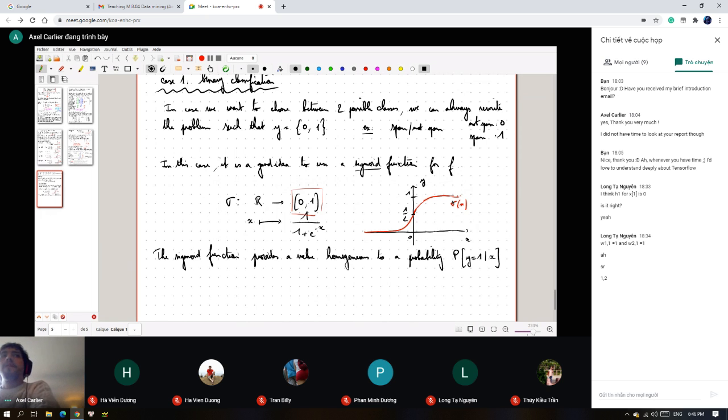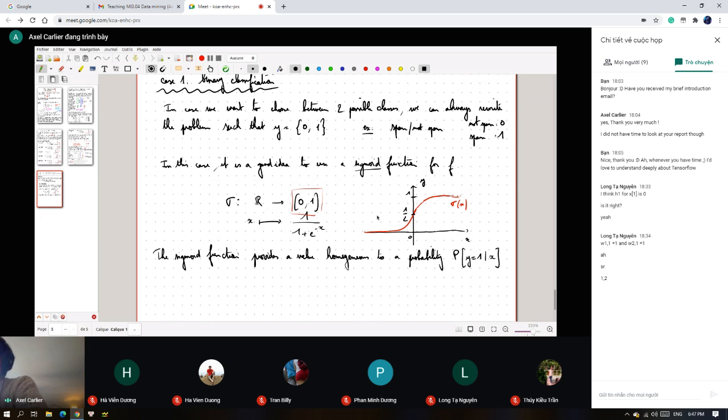Given a certain x as an input of our neural network, if we use a sigmoid function at the output of our neural network, what we get will be something between 0 and 1. If it gives a value close to 1, the probability that this x is spam, for example, will be very high. If the probability is superior to 1/2, we can say this is spam. If it's inferior to 1/2, we would say no, it's not spam.